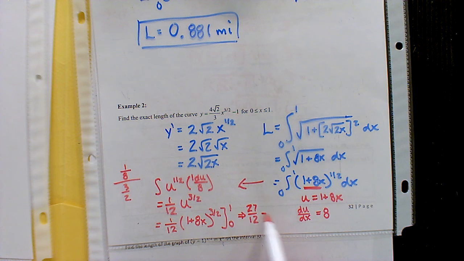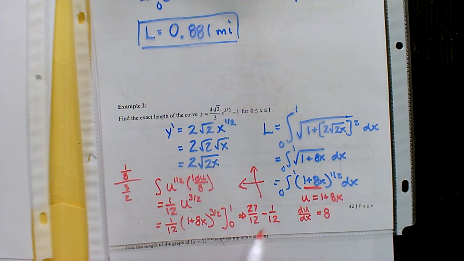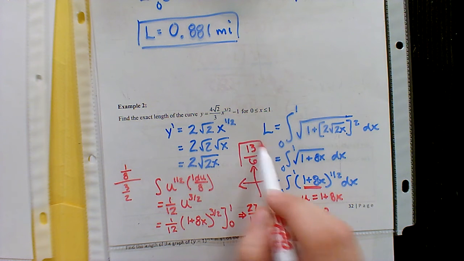And then we have to subtract what we get when we plug in 0. So we'll just have 1 to the 3 halves, which is 1, times a 12th is just a 12th. So 27/12 minus 1/12 is 26/12, which can simplify to 13/6.